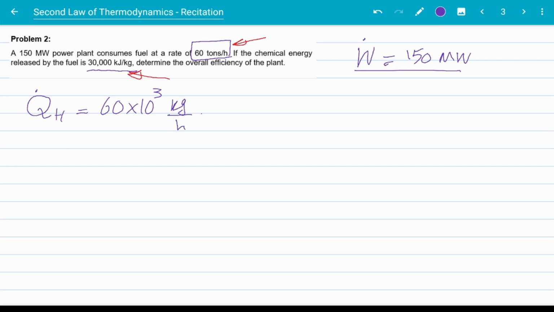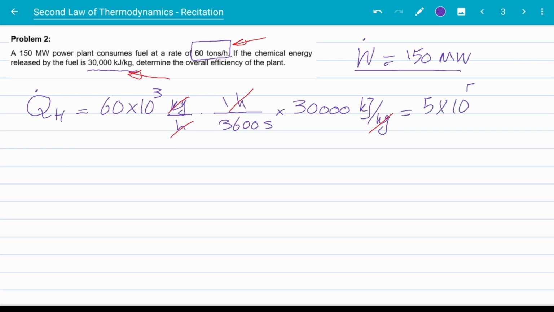Well, obviously we want to change that to seconds, so times 1 hour over 3,600 seconds times the rate of release of chemical energy, which is 30,000 kilojoules per kilogram. Now here, 1 hour cancels 1 hour, kilogram cancels kilogram, and we end up with 5 times 10 to 5 kilowatts, or 500 megawatts.